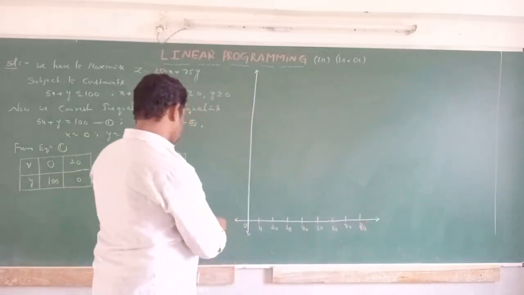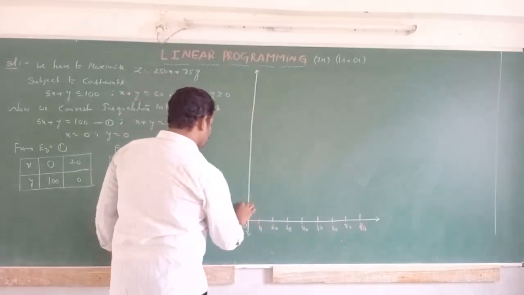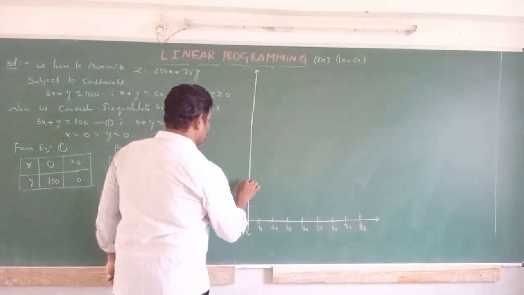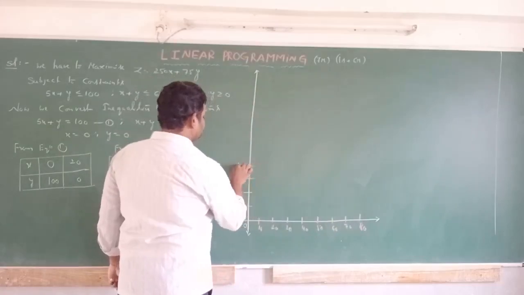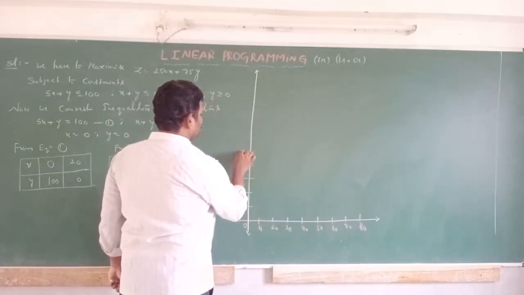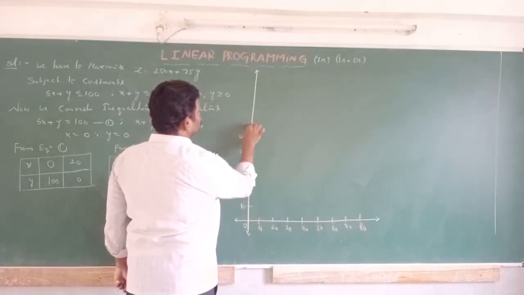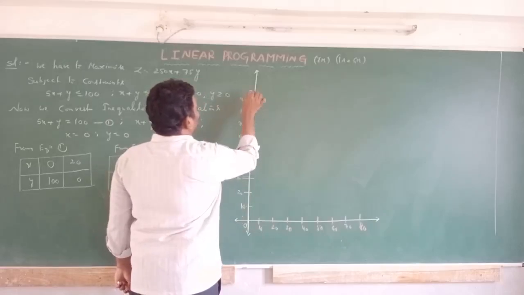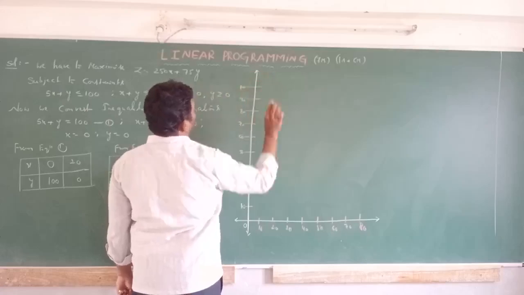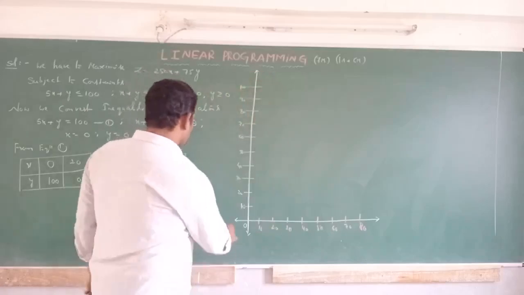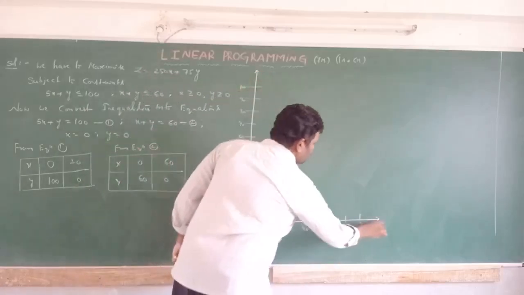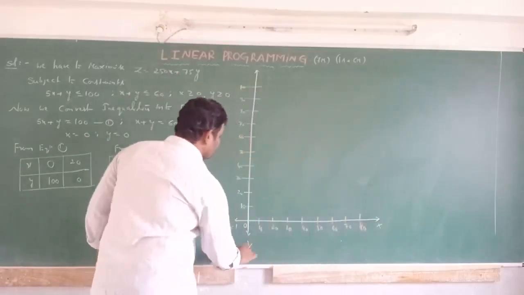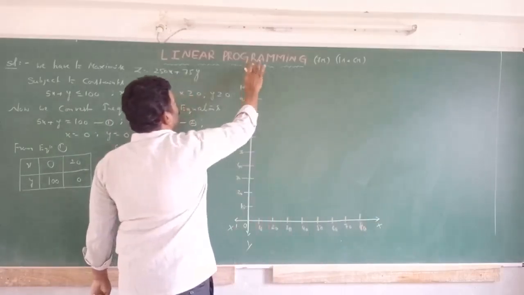Next here also 10, 20, 30, 40, 50, 60, 70, 80, 90, 100. Now this is the x-axis, x dash x, and this is my y-axis, y dash y.